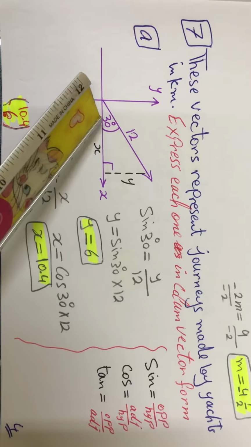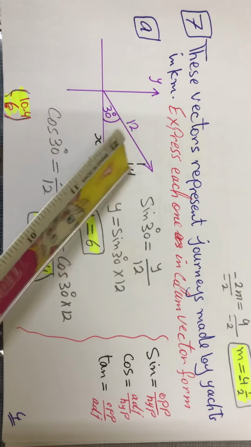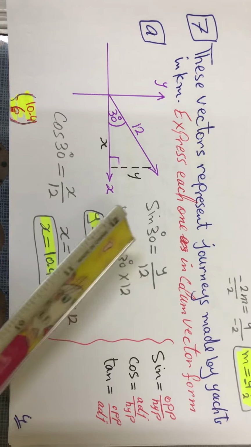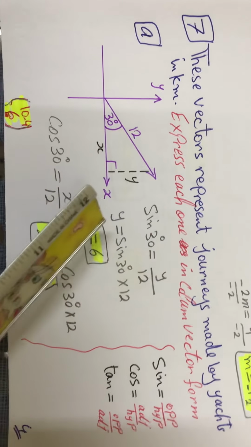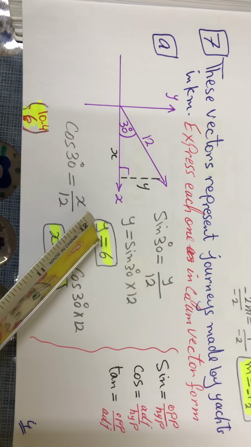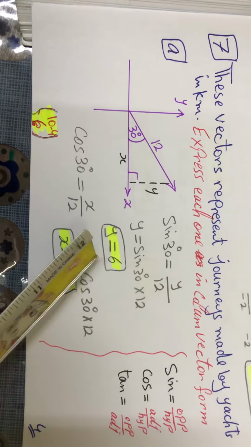So I'll take sine 30 equals opposite y over hypotenuse 12. So y equals sine 30 multiplied by 12. Press in your calculator sine 30 multiplied by 12. It will be half multiplied by 12, which equals 6.